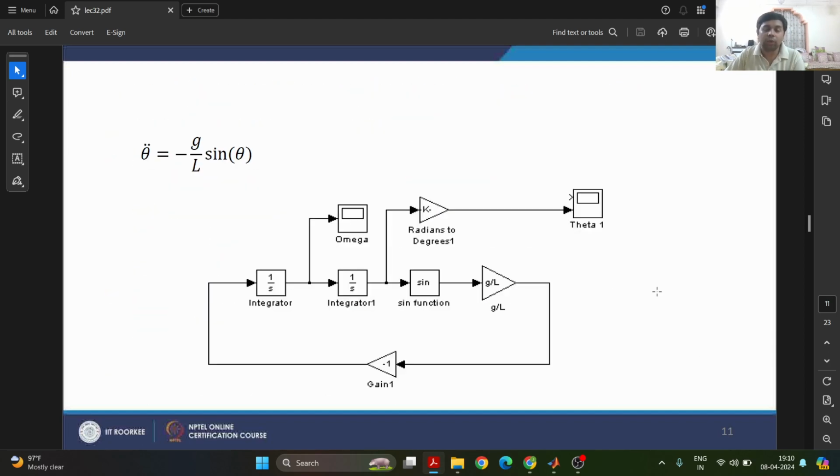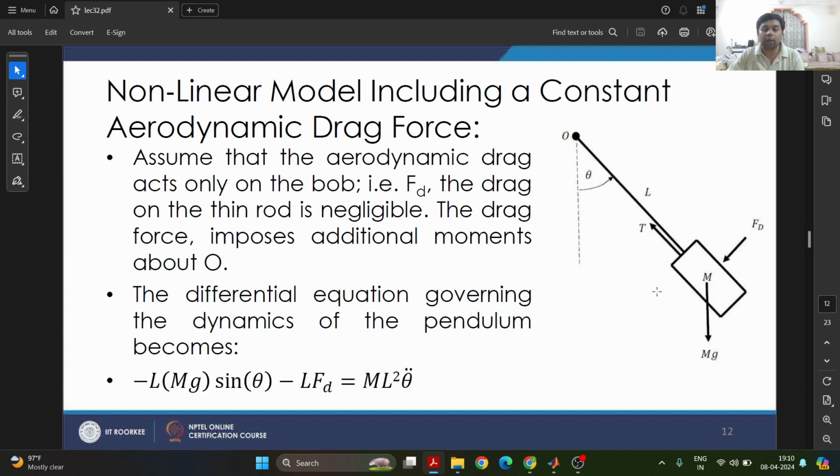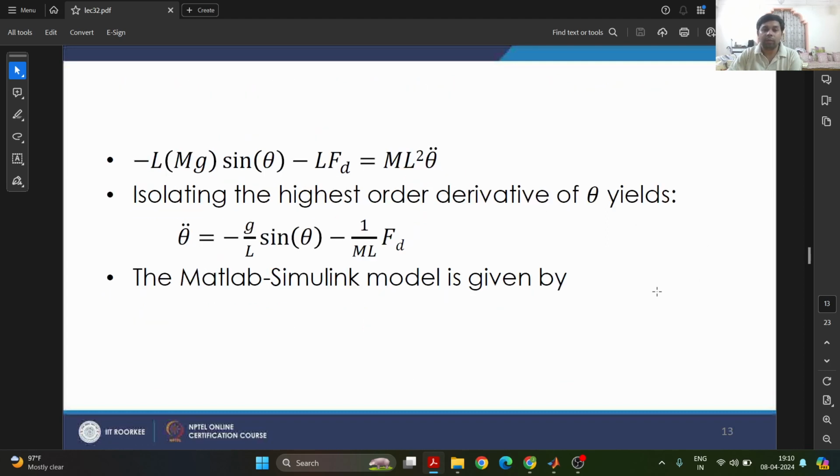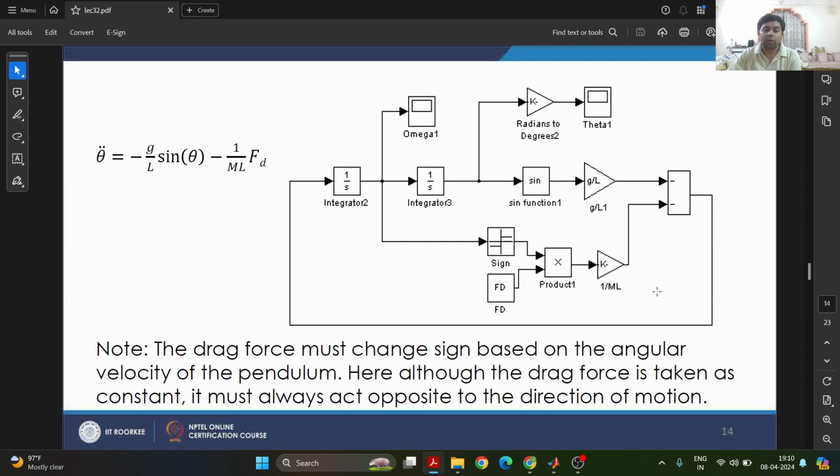In this part, they have basically covered first the simple pendulum, the non-linear model without any aerodynamic drag, and then they have introduced various kinds of aerodynamic drag. Firstly it was considering a constant aerodynamic drag force FD, and using that they built up this model.